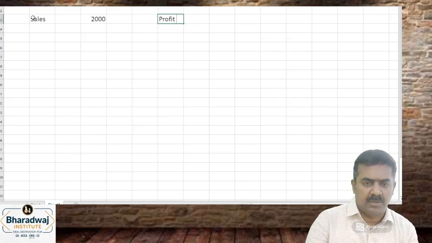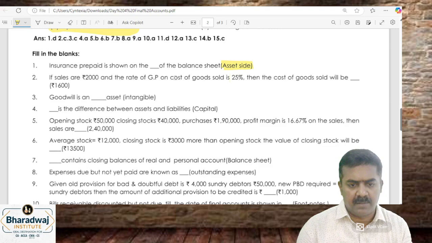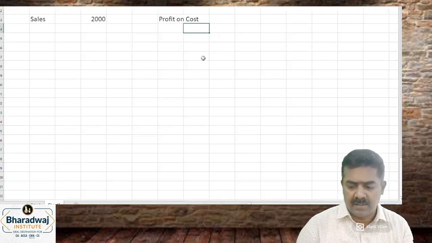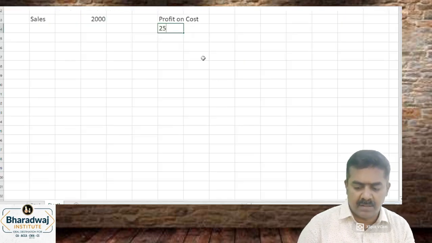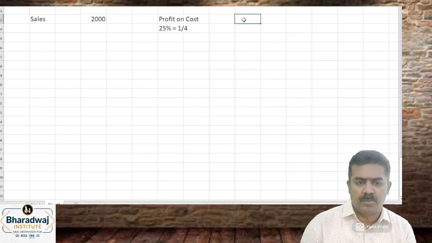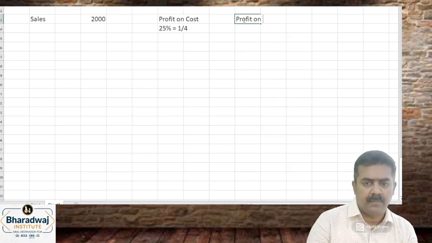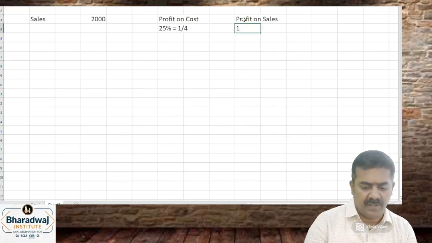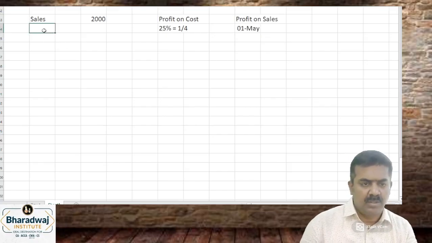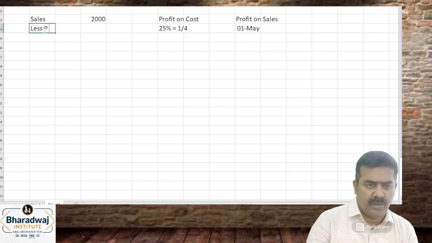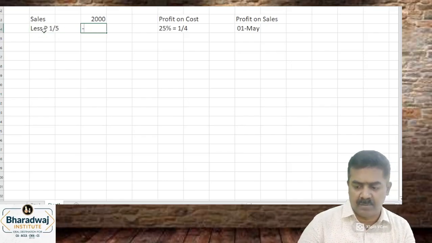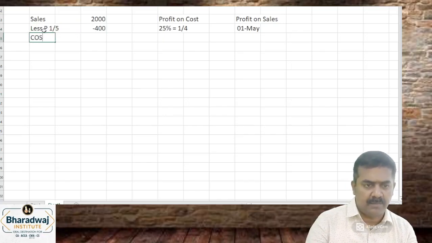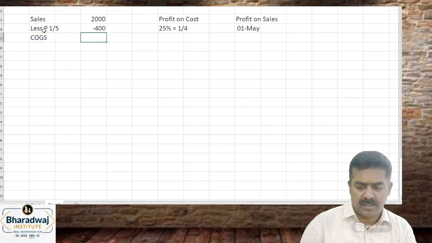How much is the profit on cost given? 25%. 25% is nothing but 1/4. So profit on sales will be 1/5. Less profit 1/5. 1/5 of 2000 gives 400. So cost of goods sold will be 1600.